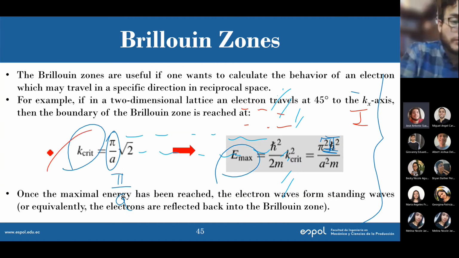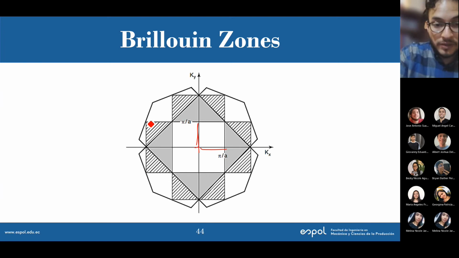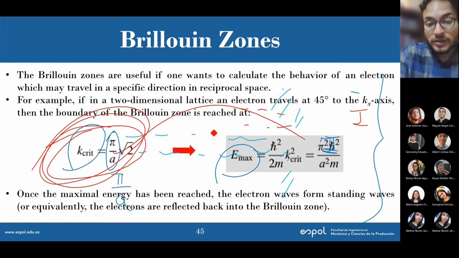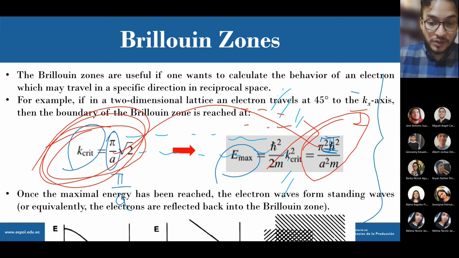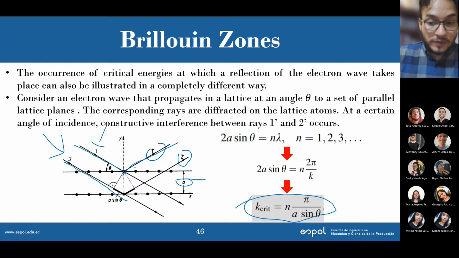We'll have this value of k, square root of 2 pi over a, which is the same. So for 45 degrees, what did we get? This equation. You get the same value. So it's just another way of getting these critical k values and obviously the maximal energies that the electrons can reach. For some people it's easier this way. I guess it really depends.